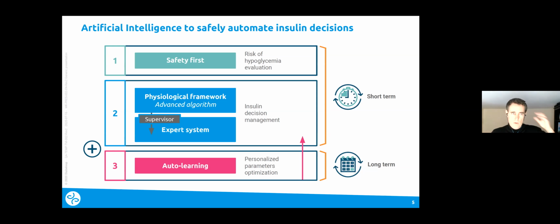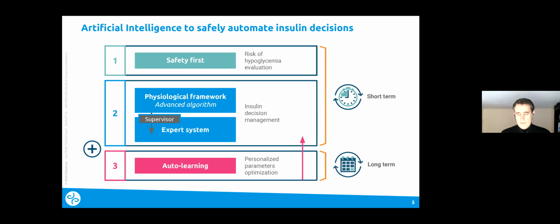So that's where we have machine learning, advanced algorithm, however you want to call it, really. That's going to be looking at the person's body and rhythm, and from the data that it has, so from the CGM and insulin data, it's going to model it and make a forecast for the best decision on insulin. However, as everyone knows, machine learning is not perfect.